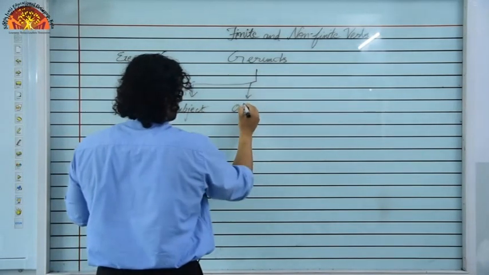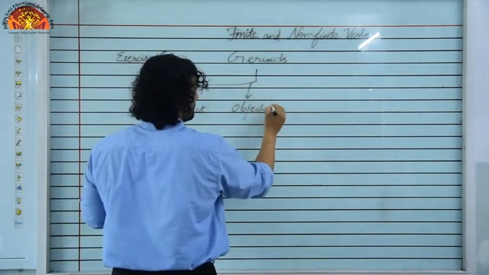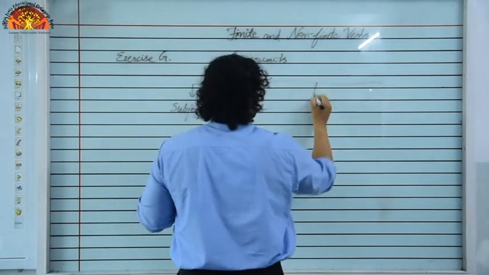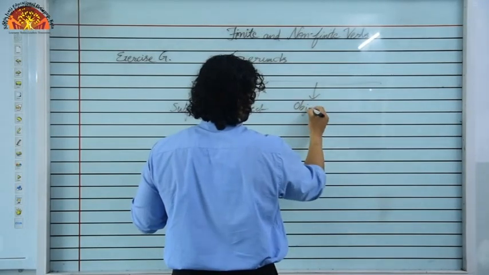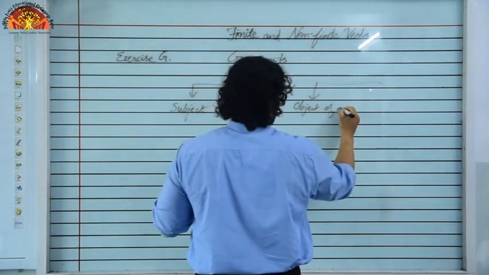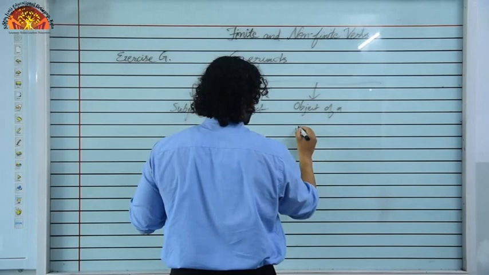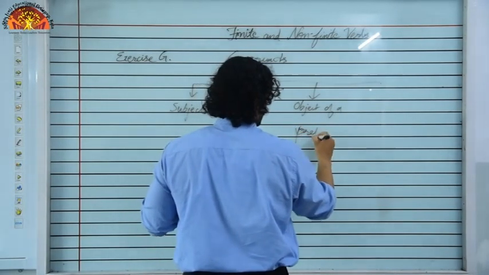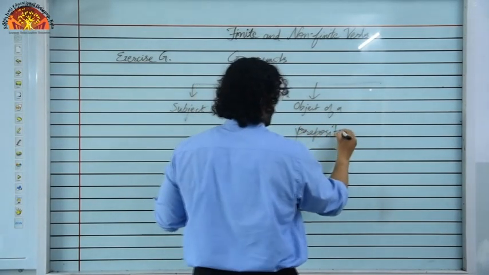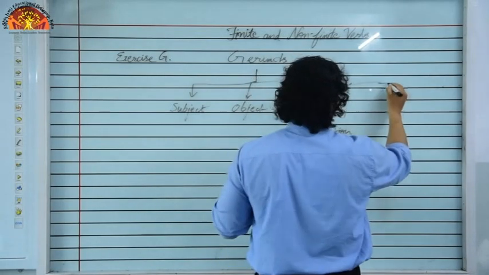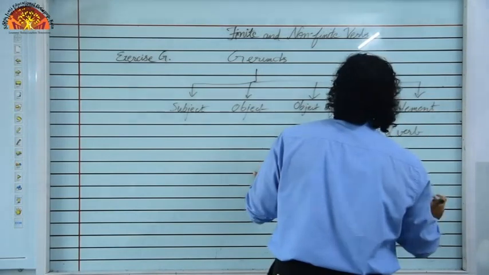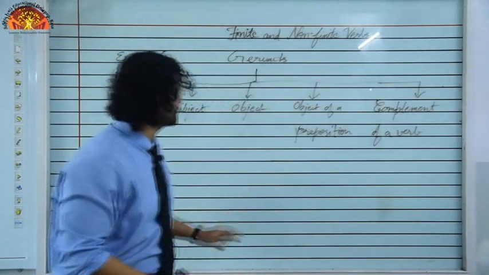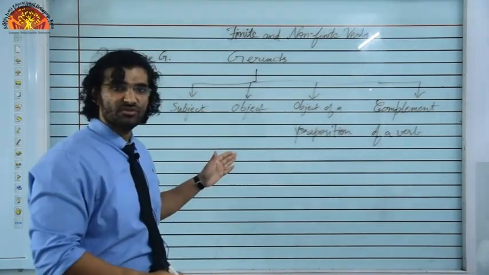It can be subject of a verb, object of a verb, object of a preposition, or complement of a verb.